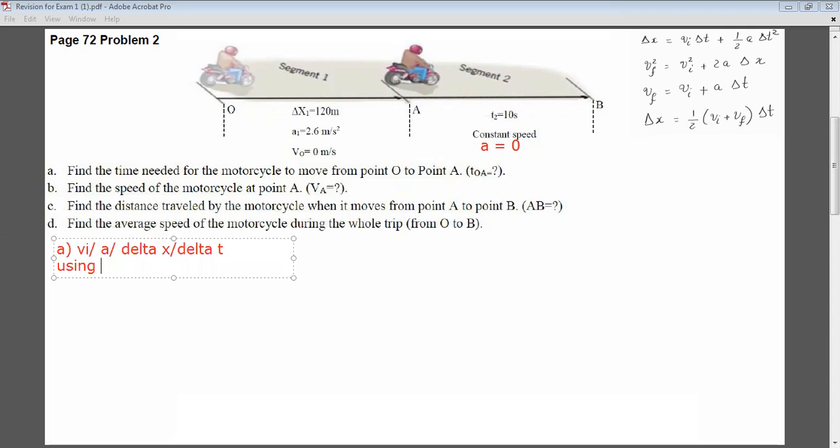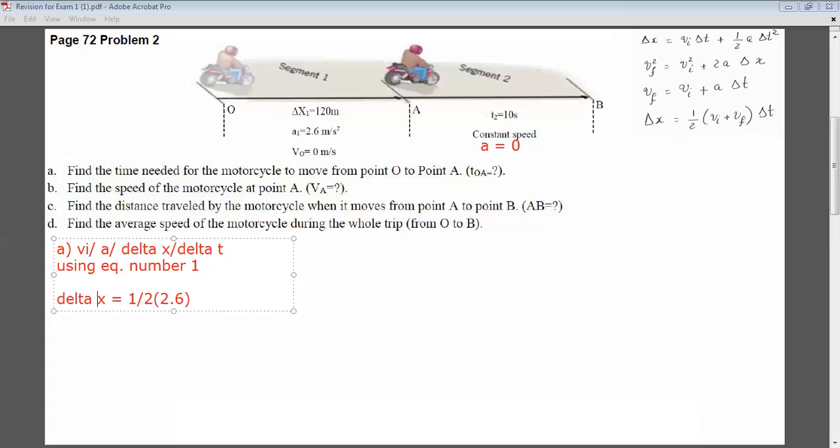So using equation number 1, what do I get? Delta x is equal to the initial, which is 0. So the first term is 0 plus half A, how much is A? It's 2.6 times delta t squared.